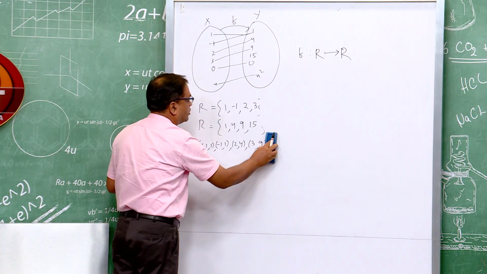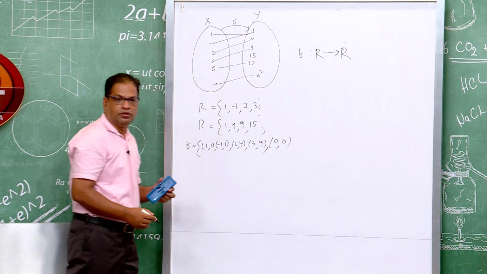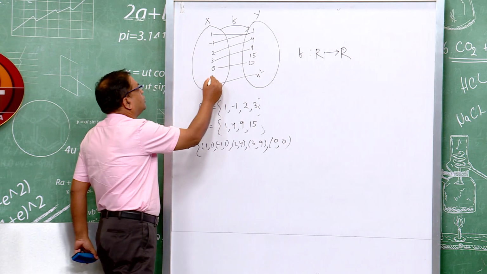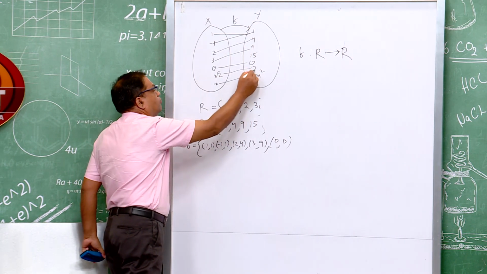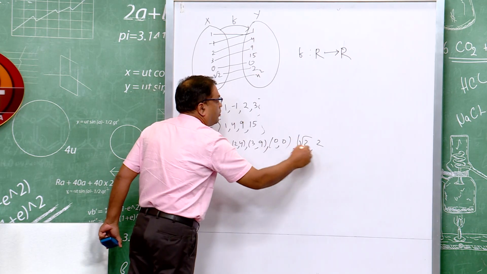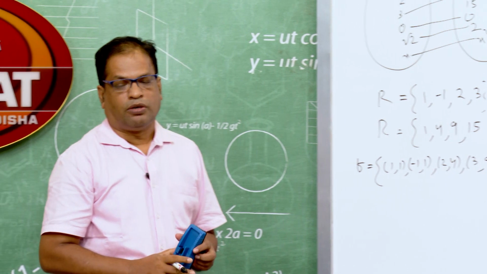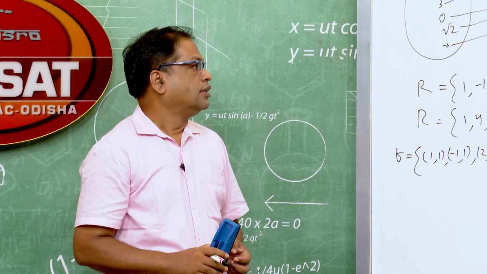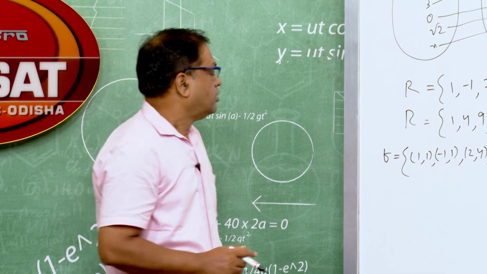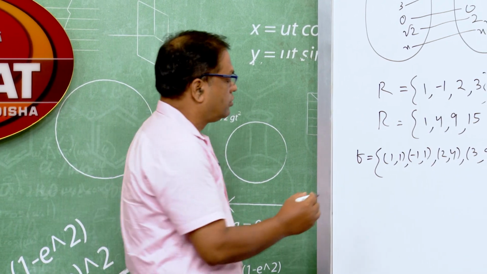So, here you have (0, 0) and also if here is root 2, then there will be 2 because square of root 2 is 2. So, there will be an infinite set of ordered pairs in this case if the function is from R to R. So, in that case we use a formula to write the function. So, what is that?